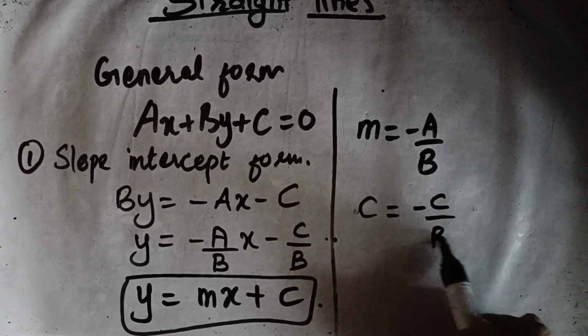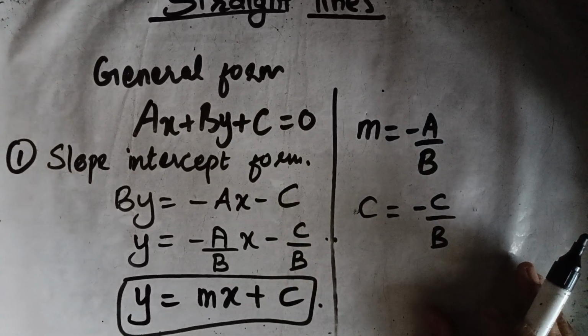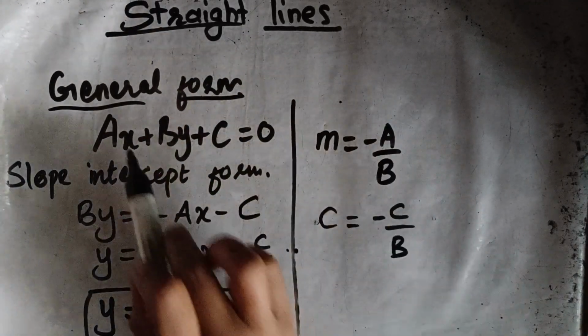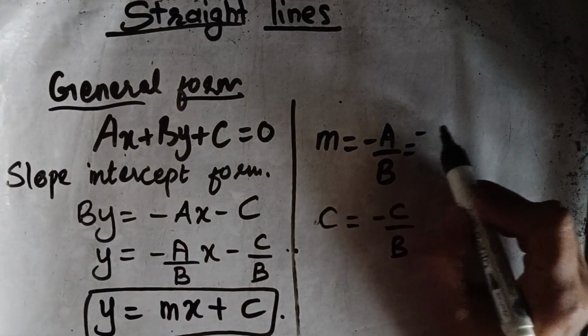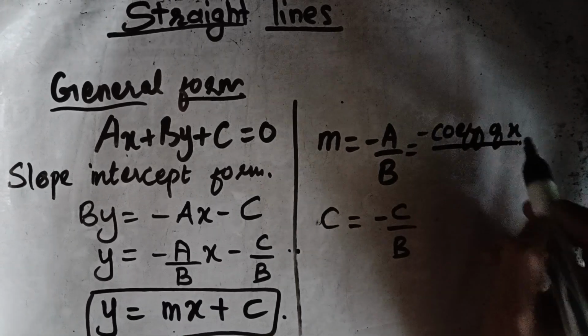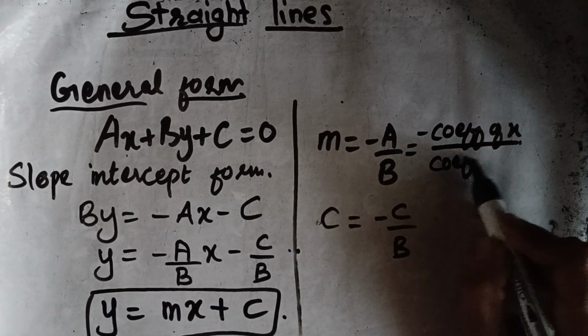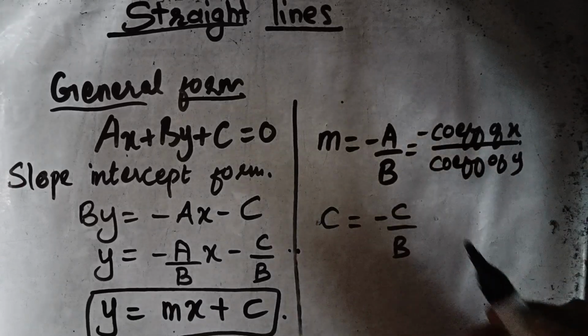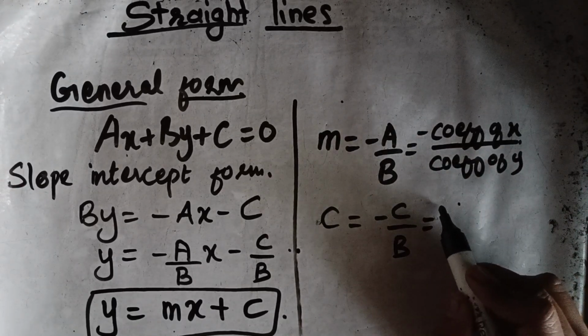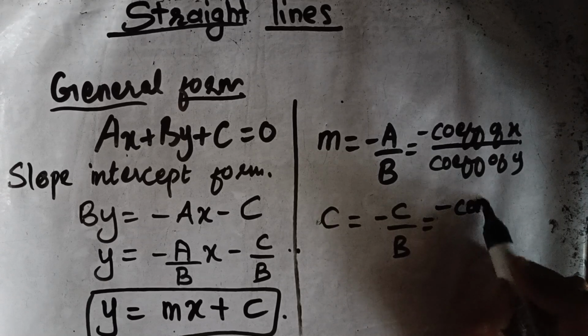If you compare these two equations, you'll get m equal to minus a upon b and c equal to minus c upon b. So if you have the general form, a is the coefficient of x and b is the coefficient of y. What about c? c is the constant term.